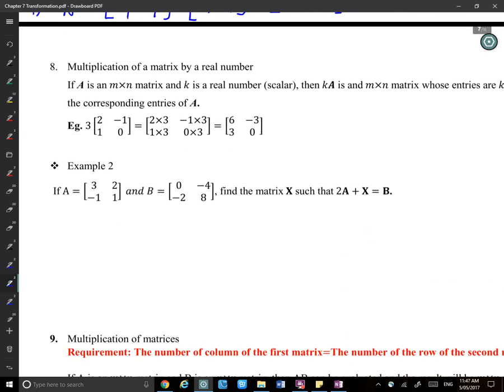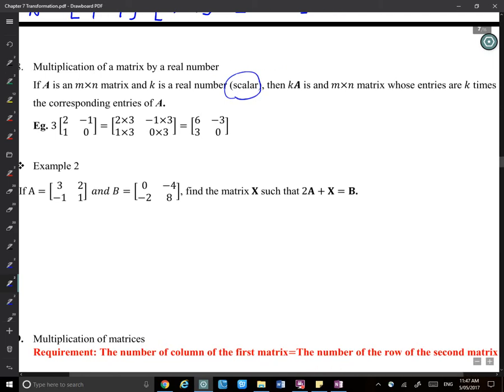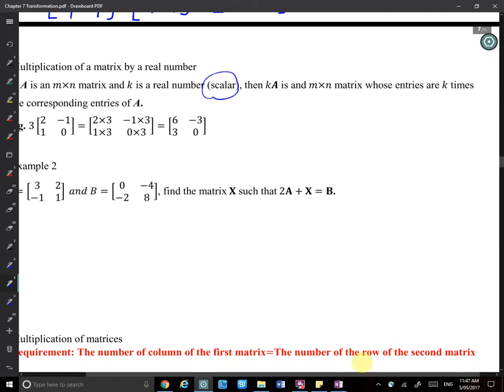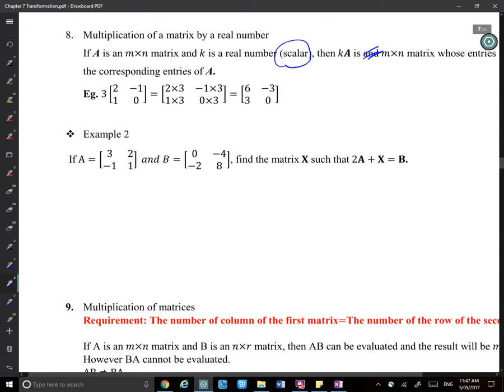Multiplication of a matrix by a real number. You have a matrix A that is an m times n matrix, and K is a real number. This real number I can call a scalar. Then K times matrix A is an m times n matrix whose entries are K times the corresponding entries of A. So what does that mean?